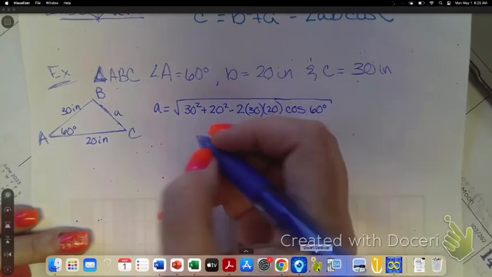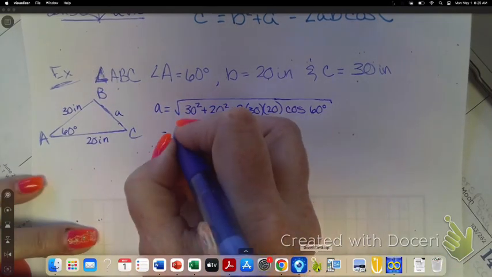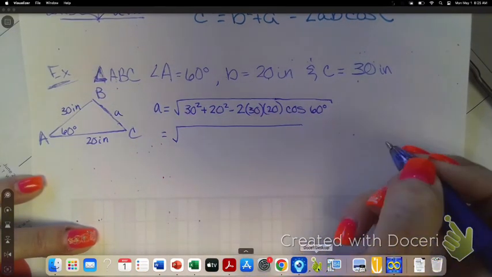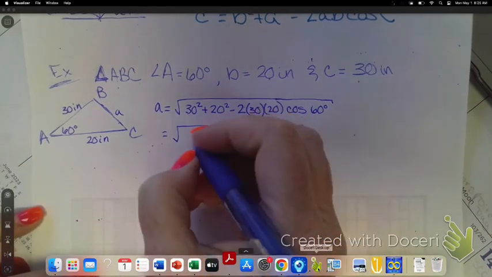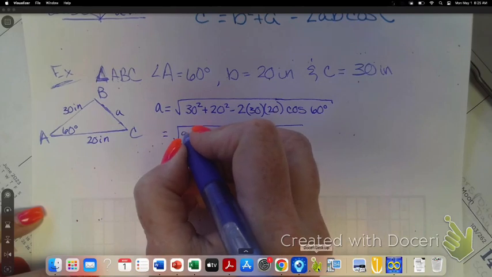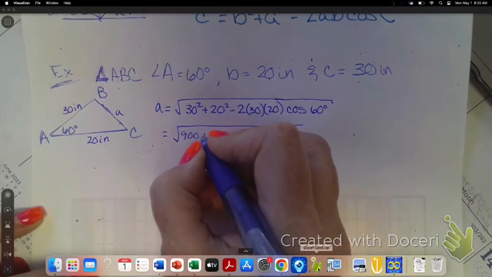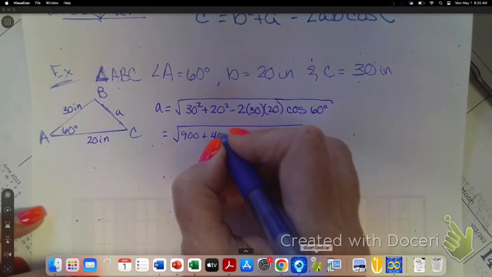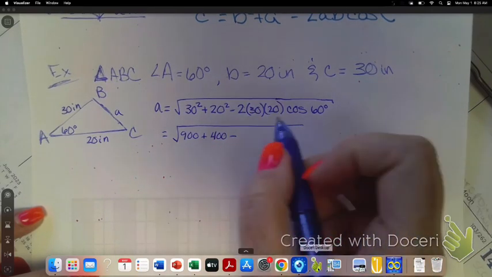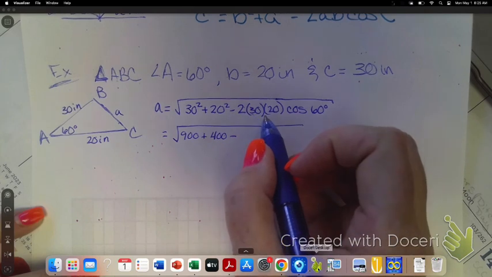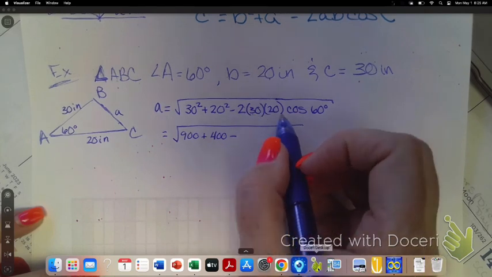Okay. So sometimes we just take out our calculator, sometimes we don't, because I think we can do most of these. 30 squared is what? 900. 20 squared is? 400. Minus 1200.